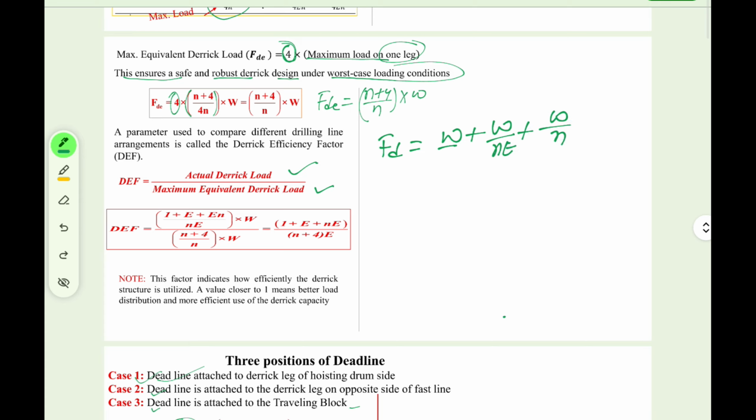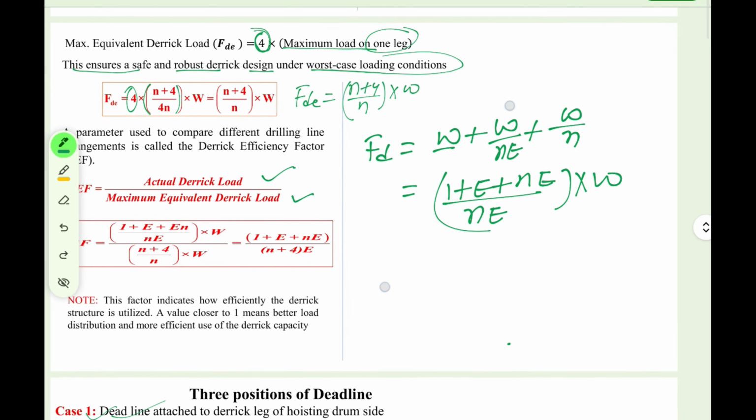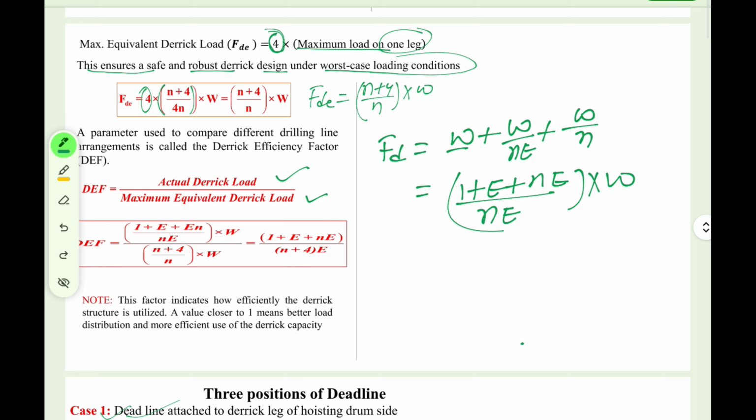If you solve this, you are going to get 1 by NE plus NE by NE, multiplied with W. In the previous derivation we went through this. So this is the Derrick load, and the maximum Derrick load is this.